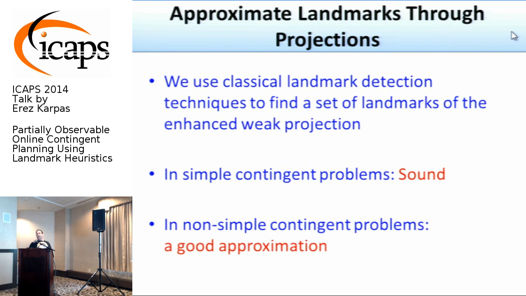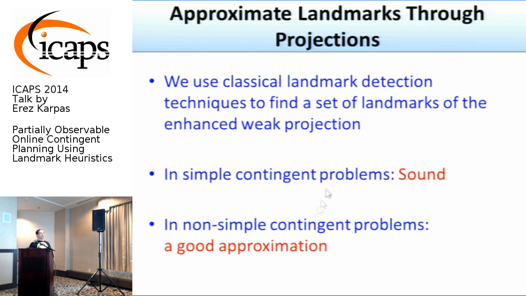So how do we get landmarks of a contingent planning problem? Well, what we do is we take the problem, compute the enhanced weak projection, which is a classical planning problem, and find the landmarks of that problem basically using your favorite landmark detection technique. We used Llama, everyone's favorite. So in simple contingent problems, this is sound, okay?